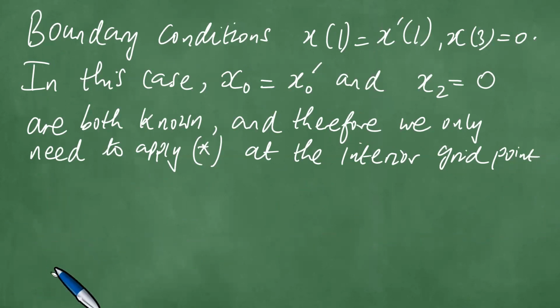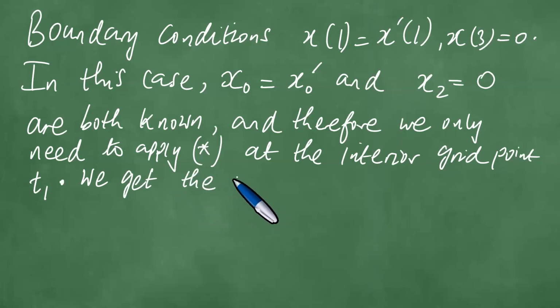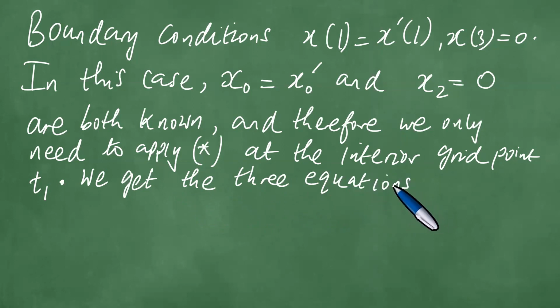So at the interior grid point t1, we get the following equations.